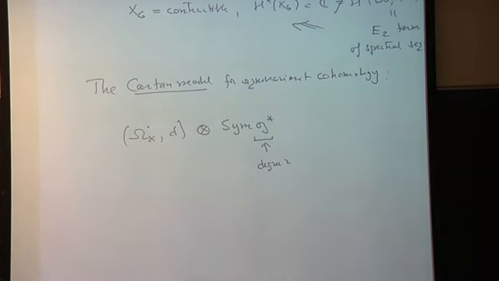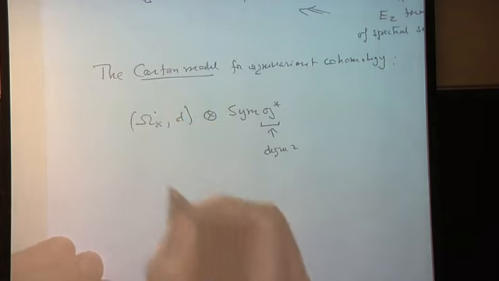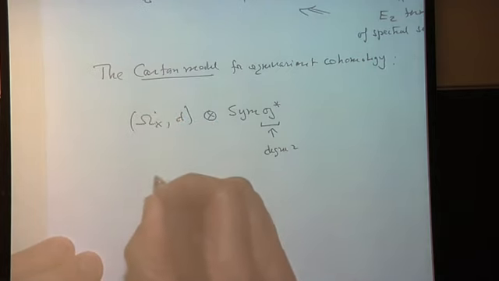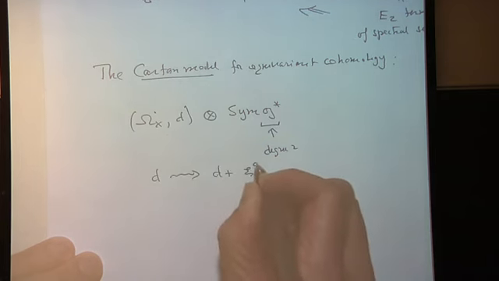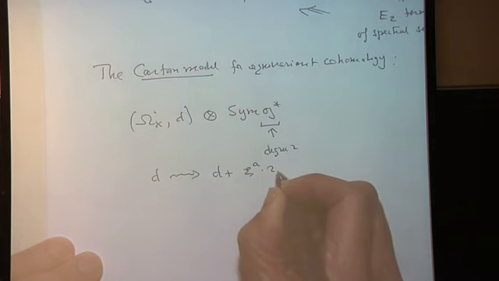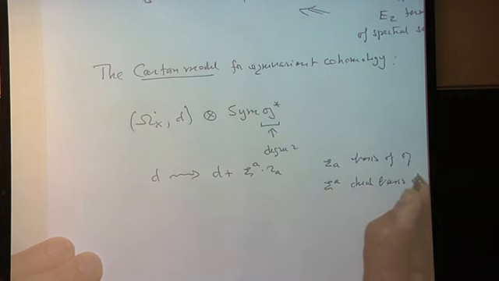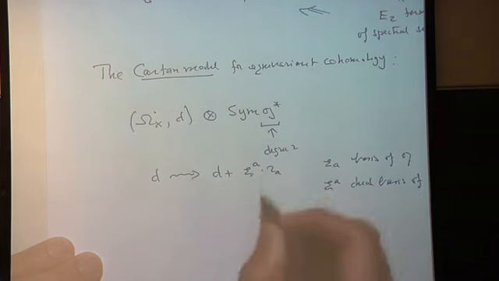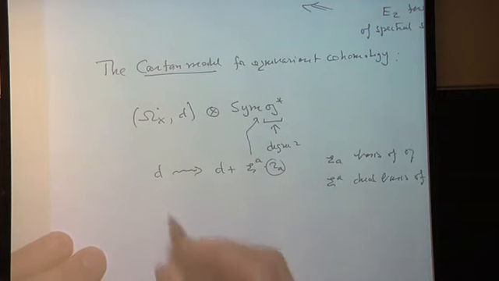So because it's graded, you don't have to worry at this point about power series versus polynomial. And you change the differential a bit. So the differential becomes d plus the Cartan term, let's call it psi a times iota a, where psi_a is a basis of the Lie algebra, psi^a is a dual basis of g star. So psi^a lives here, and iota_a is the operator we had just defined.